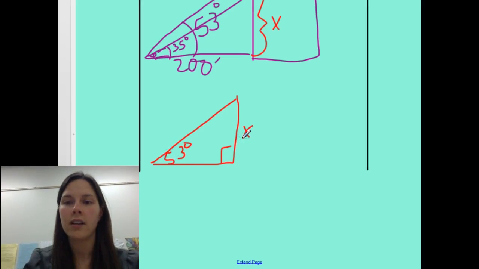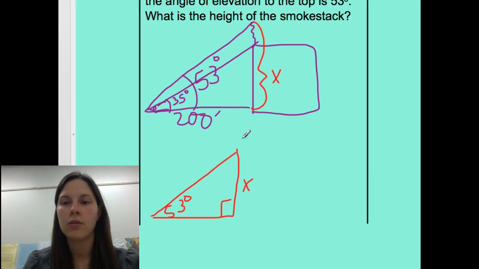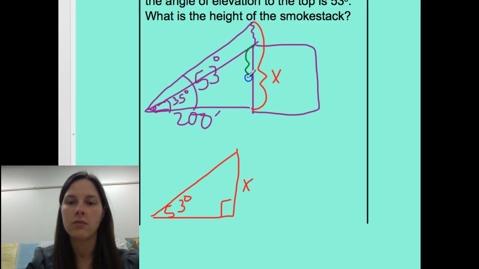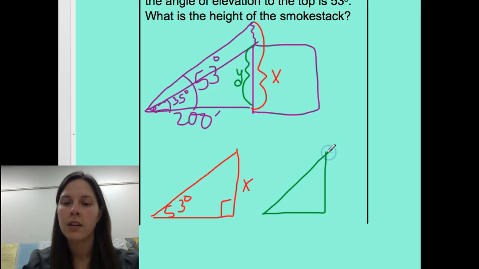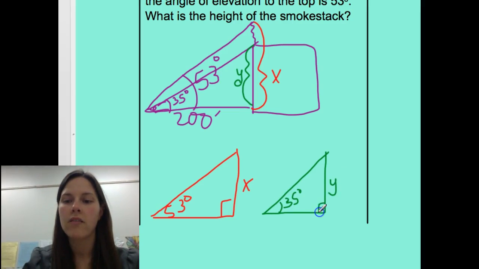And we're calling that X. If we go back to our original picture, then I am going to call from the bottom of the smokestack to the ground Y. So if we take a look at that picture, X minus Y will give us just the height of the smokestack, so that's what we're looking for. So if I draw that second triangle, this was our 35-degree angle, and that's going to give us our y value.